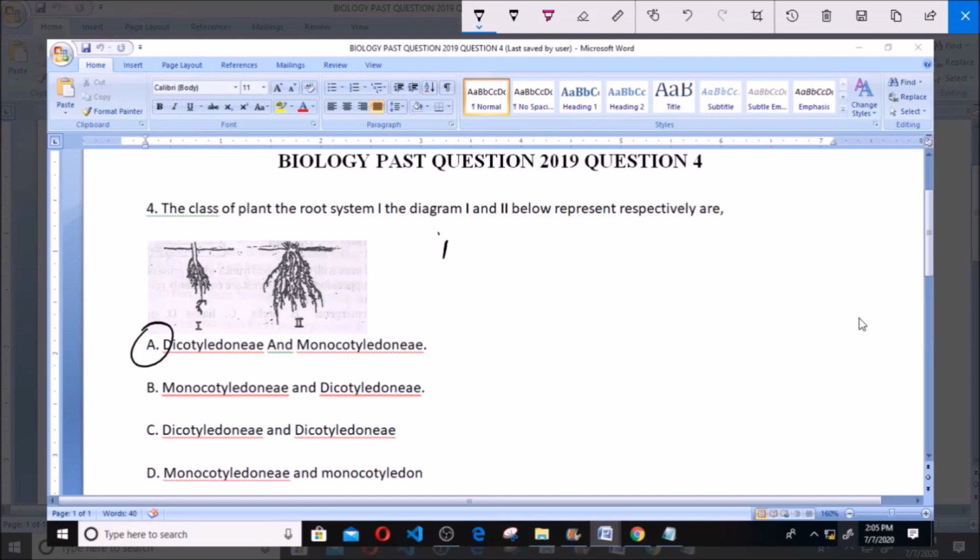I is a dicot plant, because in a dicot plant the root is always a taproot. There's always a main root in a dicot plant. Now, if you look at this diagram, I'll draw a similar diagram here.